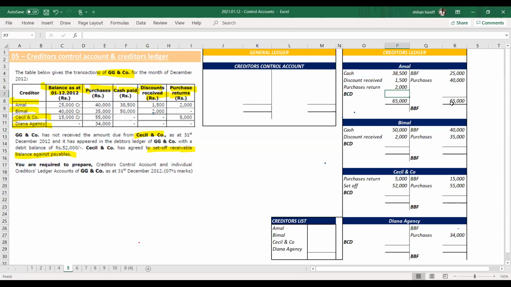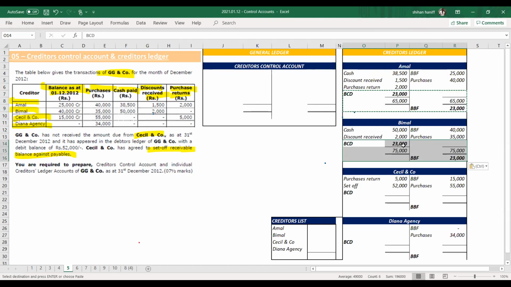Individual accounts. Amal 23,000. Bimal is also 23,000.